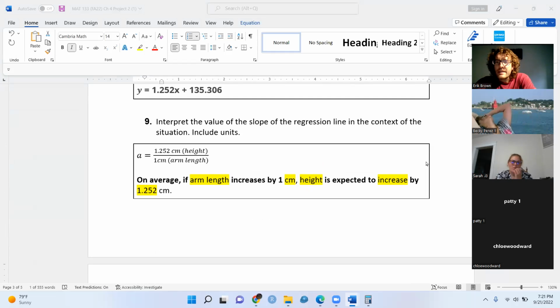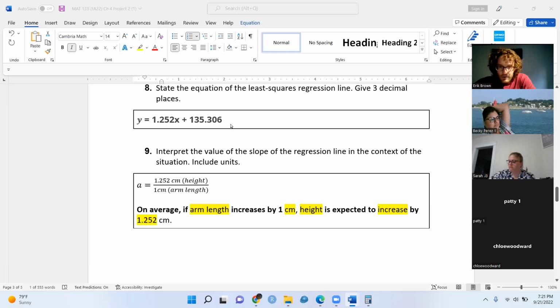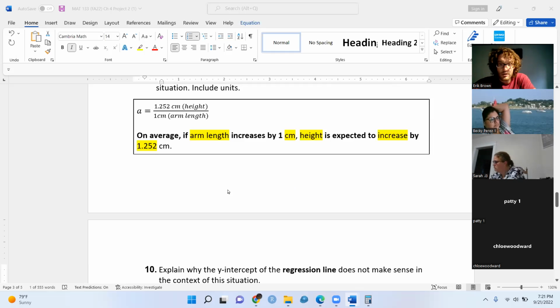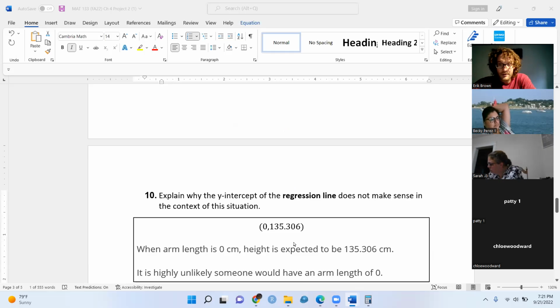Another thing that makes this maybe difficult right now is this is all of chapter 4. This encompasses all the knowledge of chapter 4. You've seen about half of this. So you know how to find the equation from what you've seen in the notes. I believe you went over how to interpret the slope and the y-intercept.